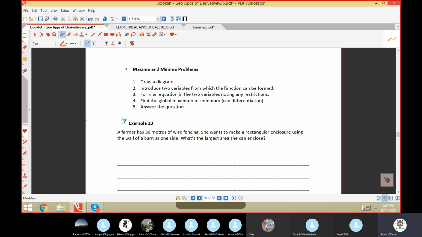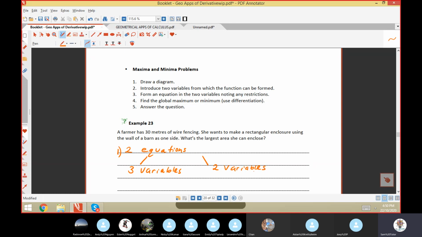So, sounds weird, but I'll simplify it yet again. Step 1, for us, 2 equations. How about that? Step 1, 2 equations. One needs to have 3 variables. One needs to have 2 variables.